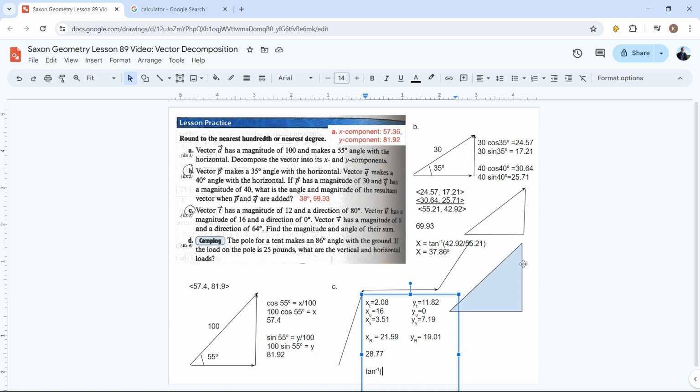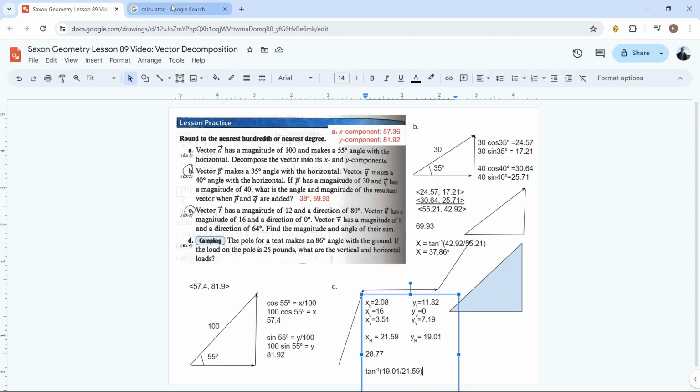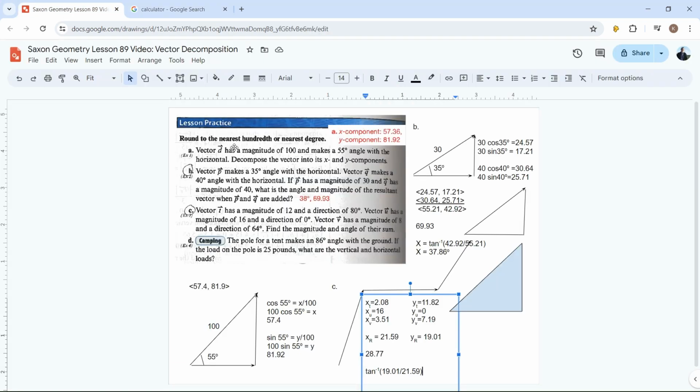So it's 19.01 over the adjacent 21.59. Let's plug that in. Inverse tangent of 19.01 over 21.59. We get an angle of 41.36 degrees.